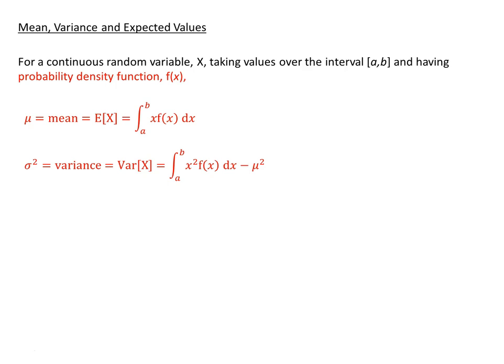The variance is found by integrating x squared times f of x dx between the appropriate limits, and then subtracting the mean squared. And the standard deviation, as always, is just the square root of the variance.